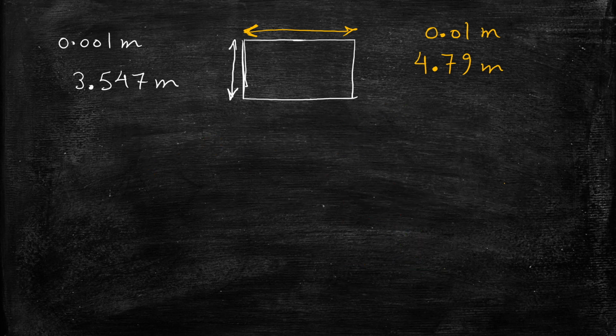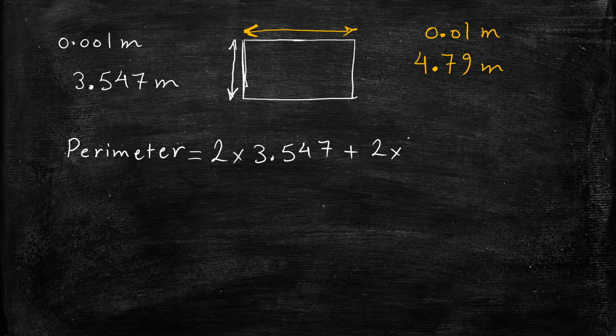Now, suppose you wanted to measure the perimeter of your room. And we know the formula for perimeter is 2 times one length plus 2 times the other length, right? So it has to be 2 times 3.547 plus 2 times 4.79 equals.